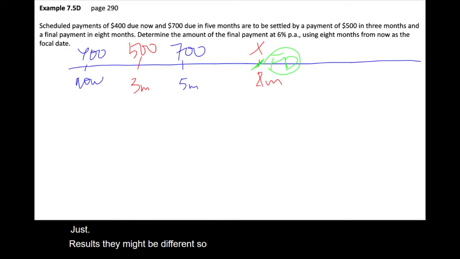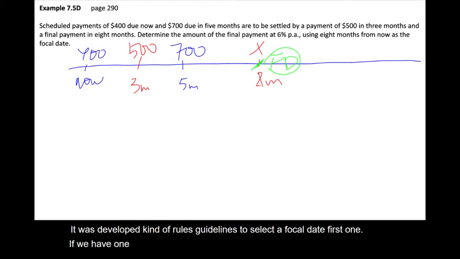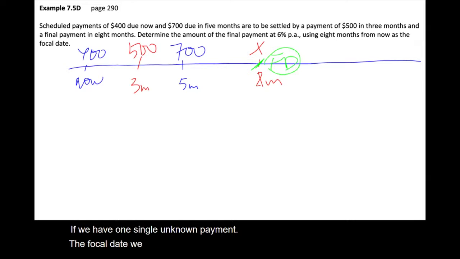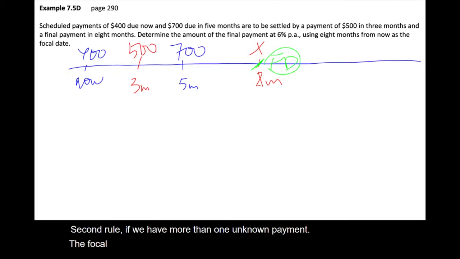So that's why rules, guidelines were developed to select a focal date. First one, if we have one single unknown payment, the focal date we choose is the date of this unknown payment. That's rule number 1. Second rule, if we have more than one unknown payment, the focal date we choose is the point of now.